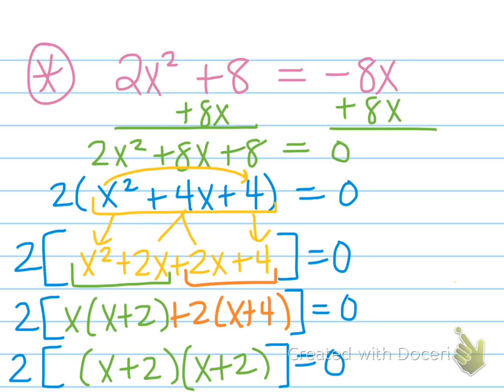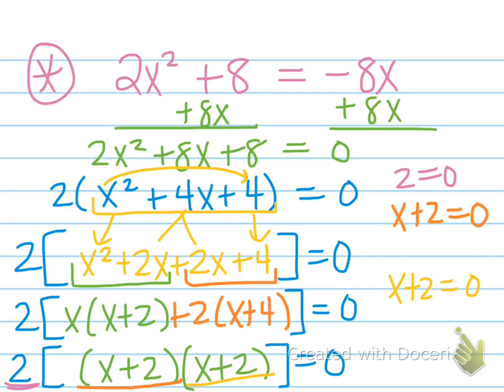So I'm going to take each of my factors, 2, and set it equal to 0. Then x plus 2, and set it equal to 0. And x plus 2 again, and set it equal to 0. Now notice that we have the same factor twice, so as you will expect, we're going to get x equals negative 2 twice.